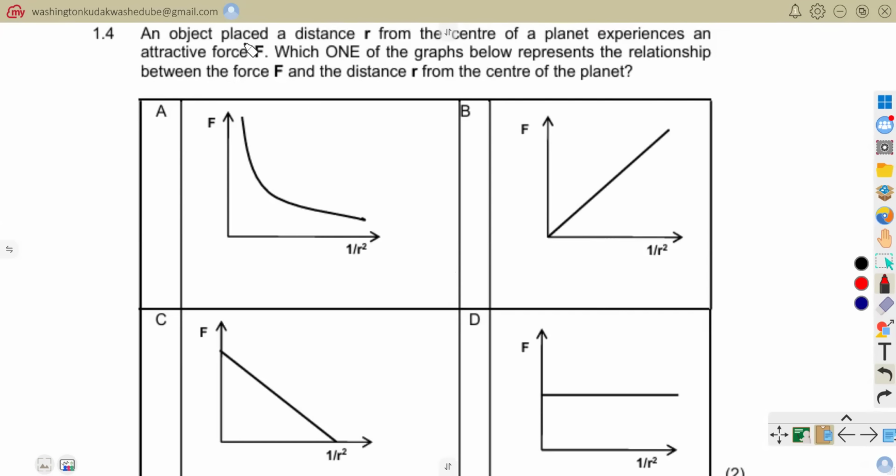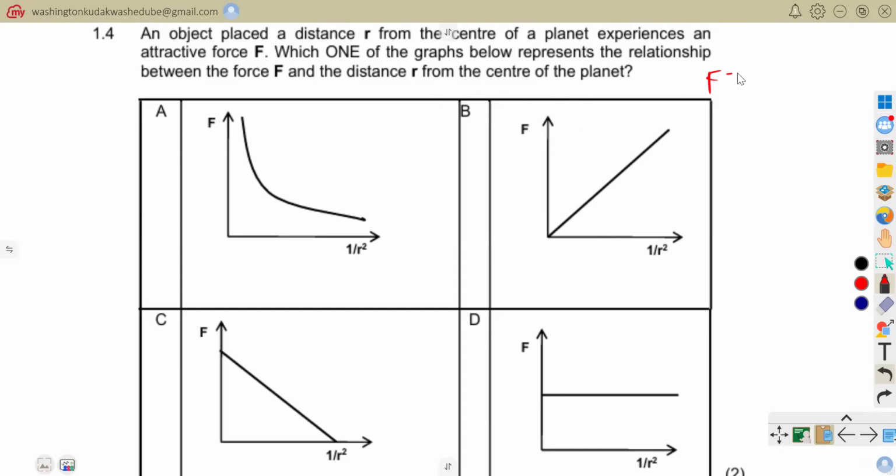1.4 is saying an object placed a distance r from the center of a planet experiences an attractive force F. Which one of the graphs below represents the relationship between the force F and the distance r from the center of the planet?